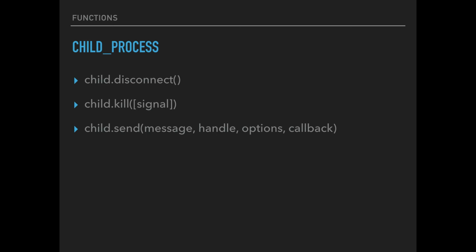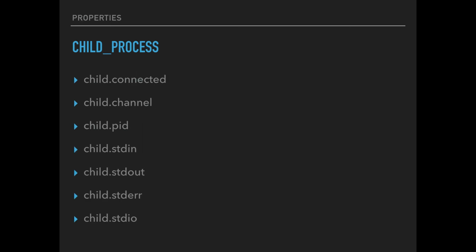These are some functions: child.disconnect, child.kill, child.send, and we will look at these also in future videos. And here we have some properties, which are child.connected, channel, and pid, which is the process ID. You have the standard in, standard out, and standard error.